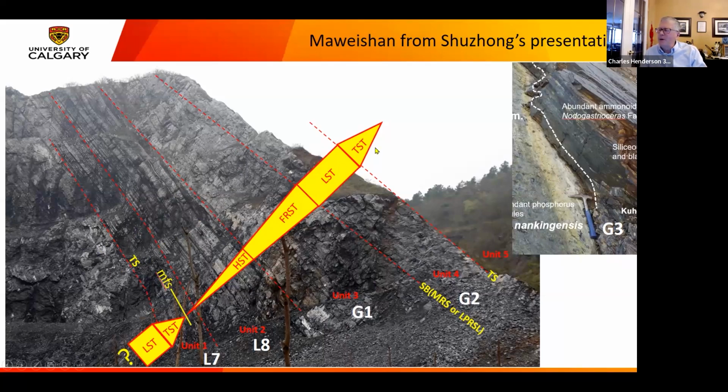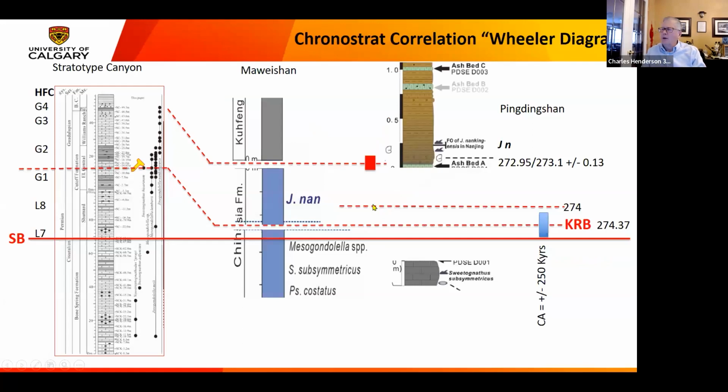I like to keep it simpler than that, but nevertheless, there is a very distinct sequence or cycle at the top of the Qixia formation. So let's call this lower Qixia or middle Qixia, whatever you want to call it. This is the upper Qixia unit.